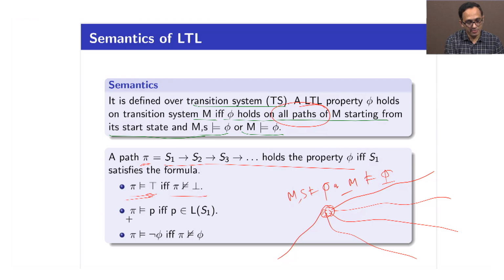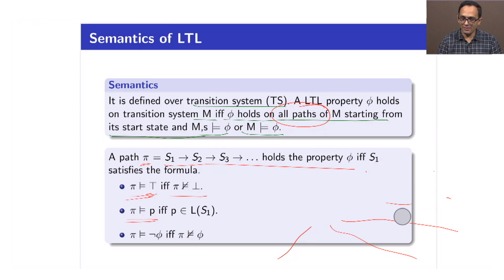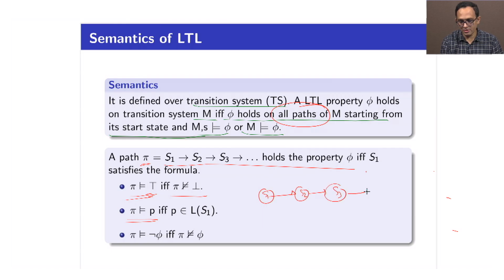And then I am saying pi satisfies some proposition p. What does it mean? Let me just draw the pi here. You have S1, S2, S3, S4, S5 and so on. I am saying this pi satisfies proposition p if the label of the start state includes p.